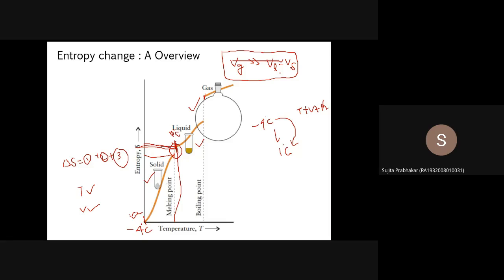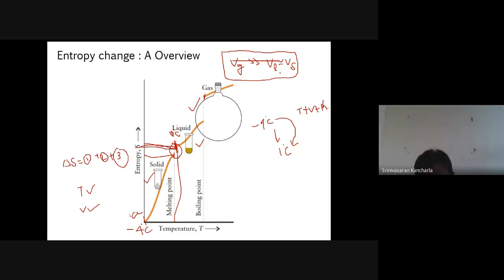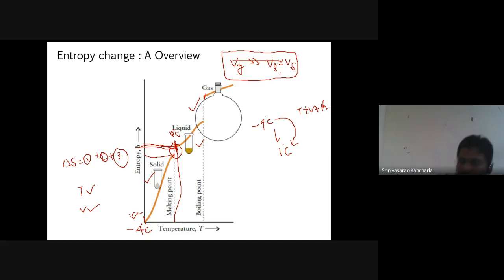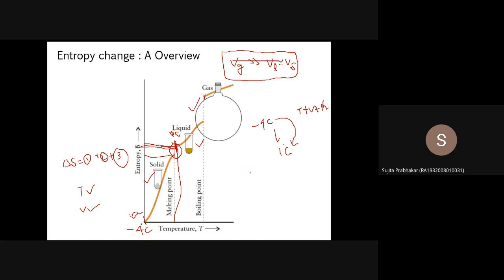They have given the change in entropy, the temperature, and also the heat of fusion, and they are asking for moles. Is there any formula for that? See, the temperature is 273 Kelvin.